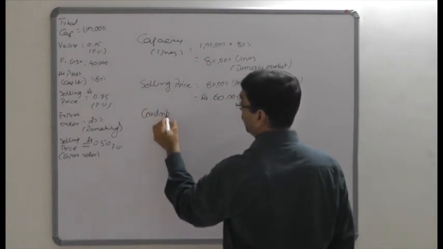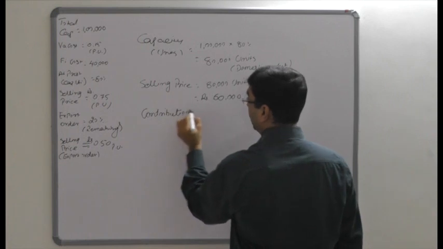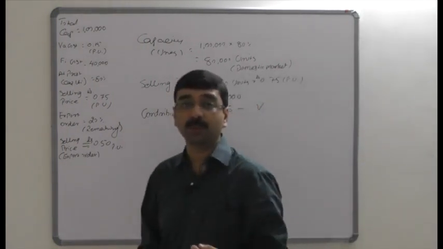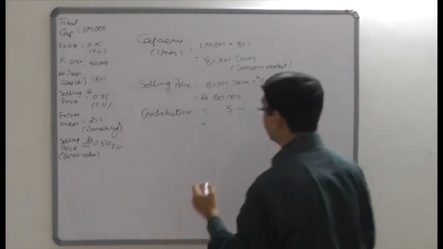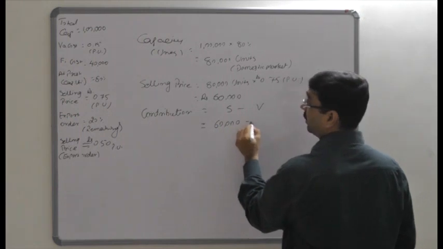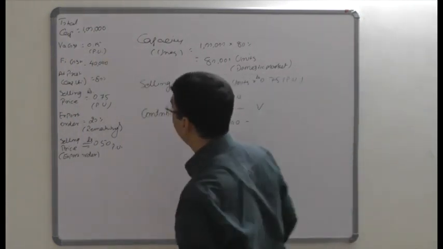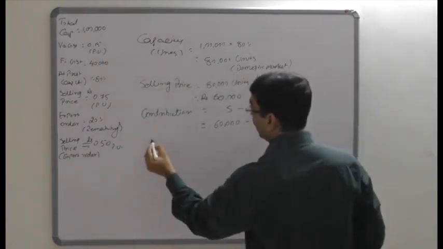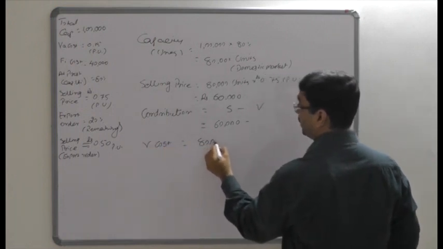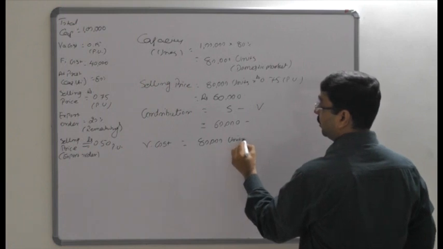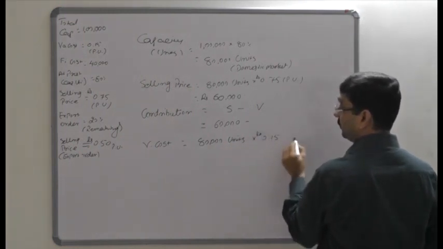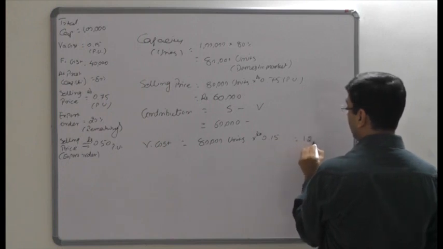Their contribution is S minus V. As I already mentioned, we have to use the formula and concept of marginal costing. So S is rupees 60,000. Variable cost is given as 0.15, so we need to calculate the variable cost here. The variable cost is 80,000 units into 0.15 per unit, and it comes to 12,000.